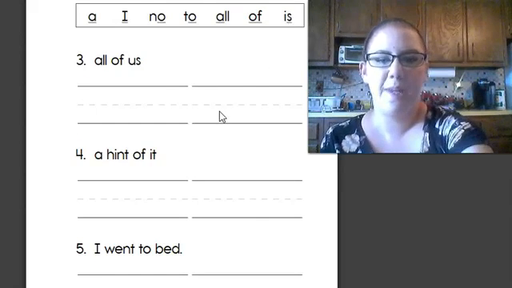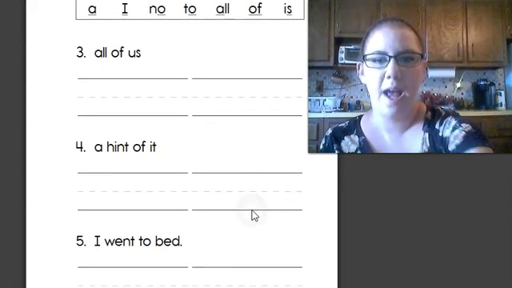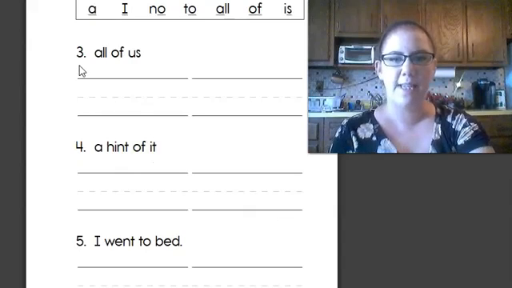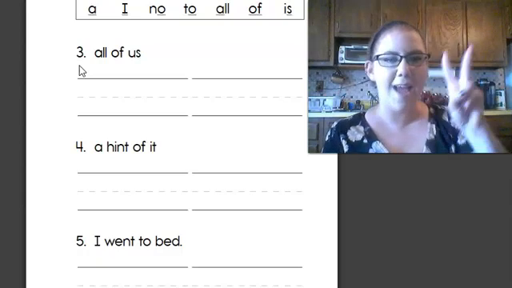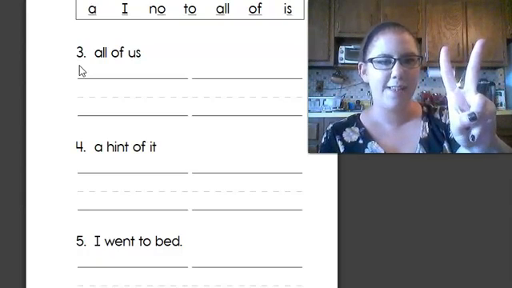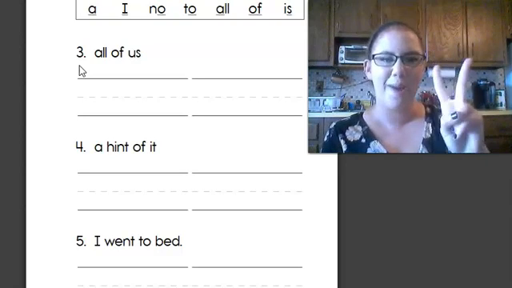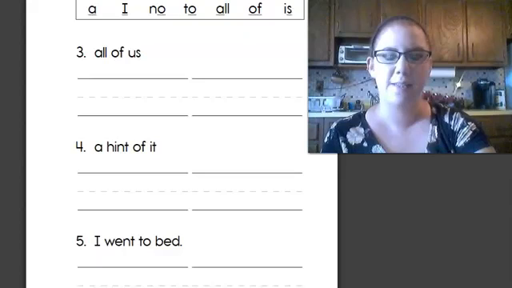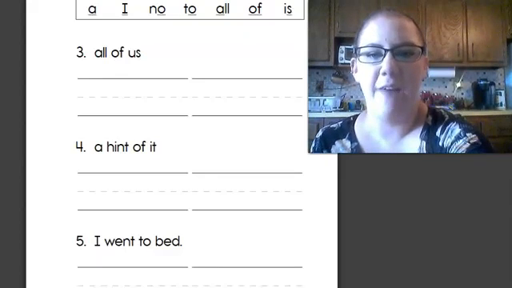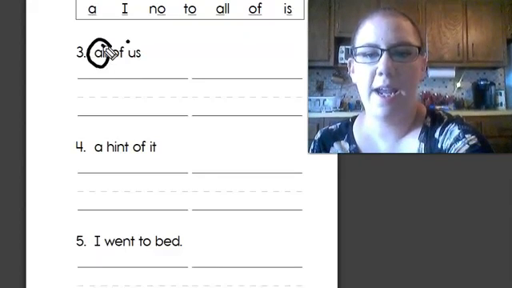Now let's see what we can find. How many tricky words do you see in number 3? I see 2 tricky words. If you see 2, great job. Let's circle those 2 tricky words. We have all and of.